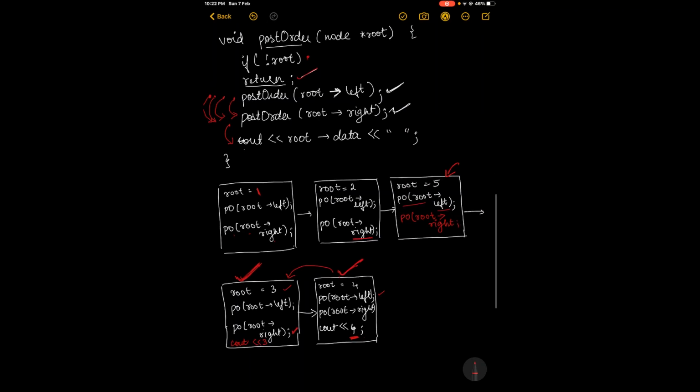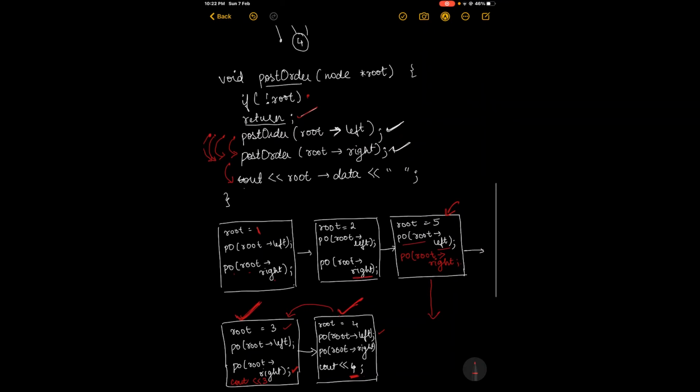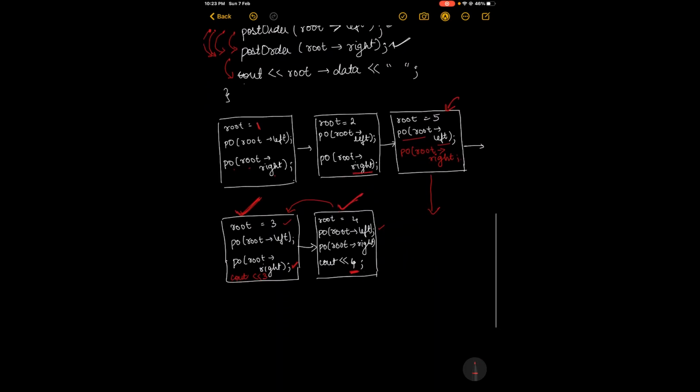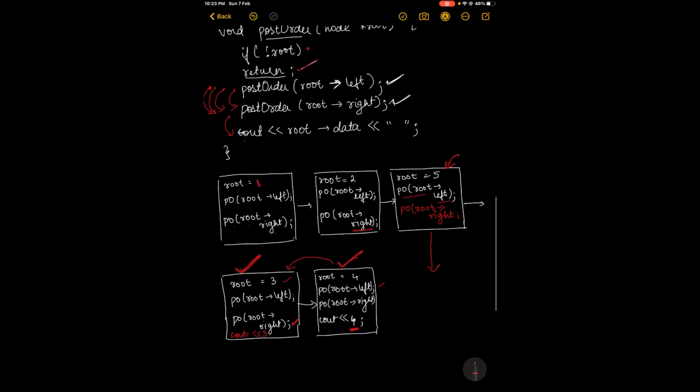Now here we have another block coming up. So from here, what is the right child of 5? The right child of 5 is 6. So this 6 will pass into the function again as the root. So root is equal to 6.